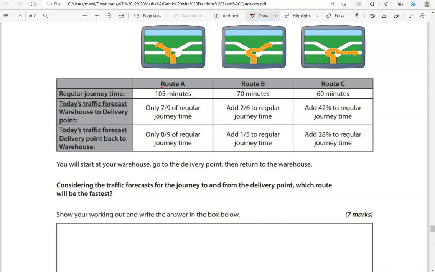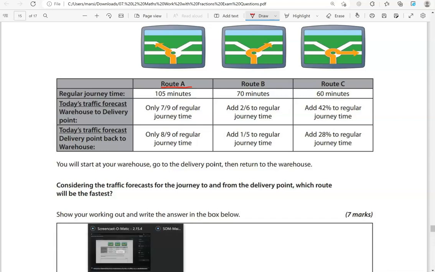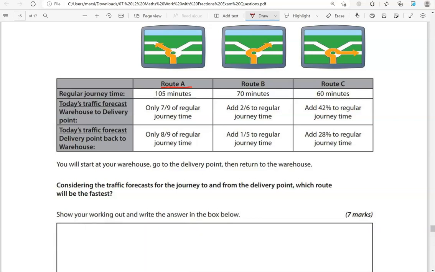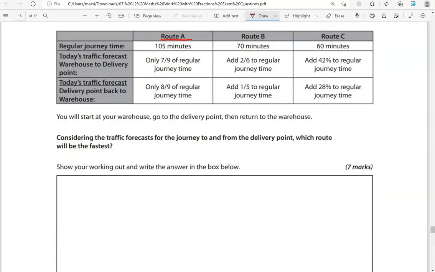So, route A, 105 minutes. That's regular journey time. It says only 7/9 of regular journey time from the warehouse to delivery point. That's the forecast for the traffic. And then on the way back, that is only 8/9 of regular journey time. So let's just do this one first.